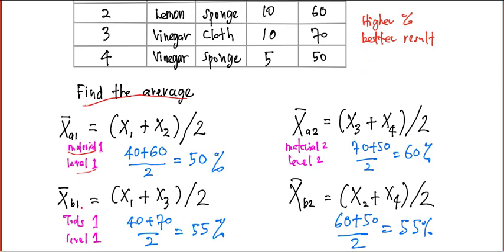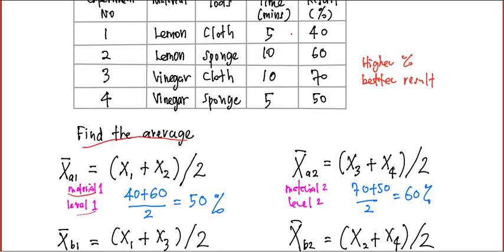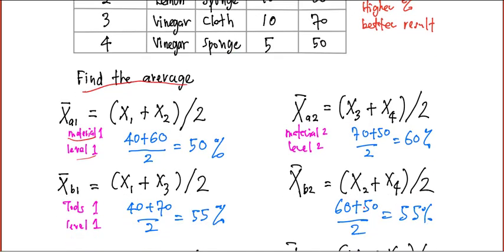How about the tools? For tools again, we have tool 1, level 1, 40 plus 70. If you notice, this is tools, cloth, okay, 40 plus 70. Same for the sponge, we need to find the average of 60 plus 50 here.